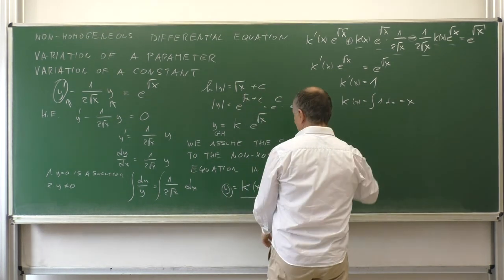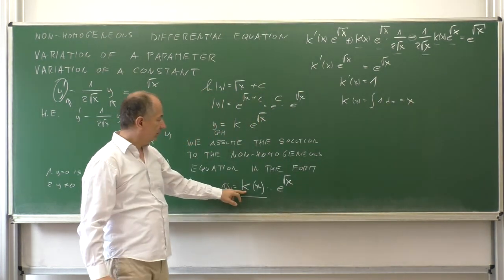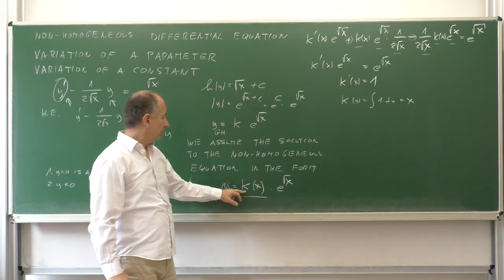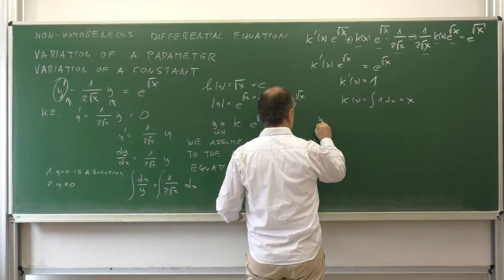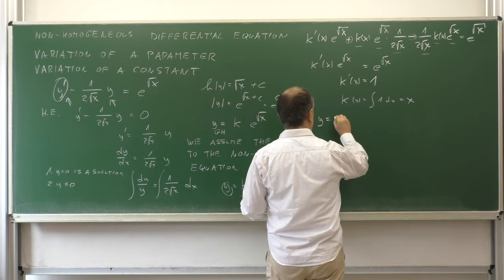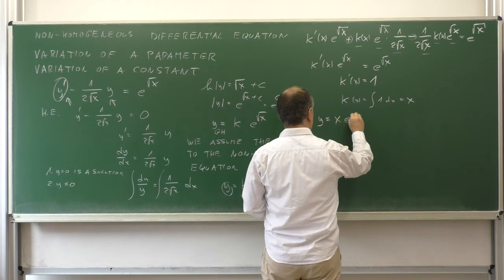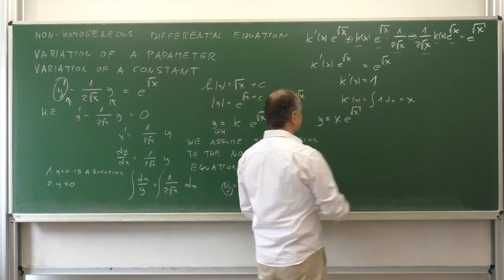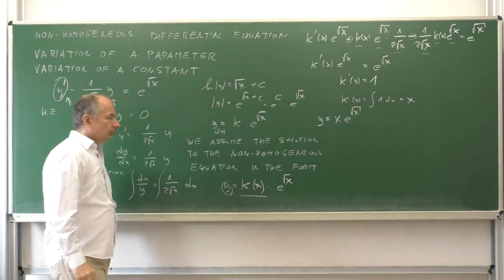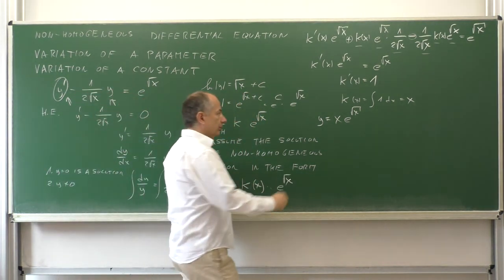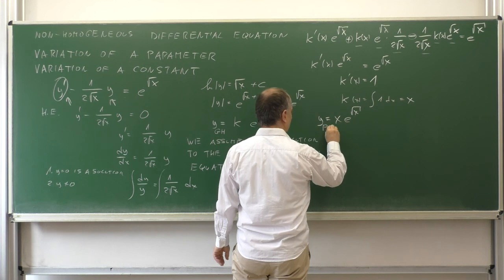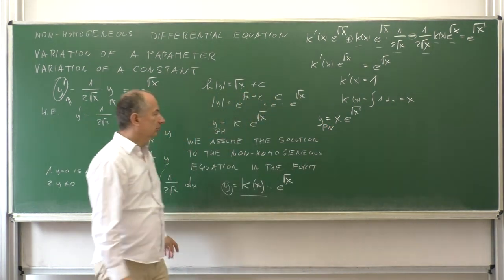And when we have k, we go back here and we have y, the solution. So y is k, which is x, times e to the square root of x. And this is the particular solution to the non-homogeneous equation.